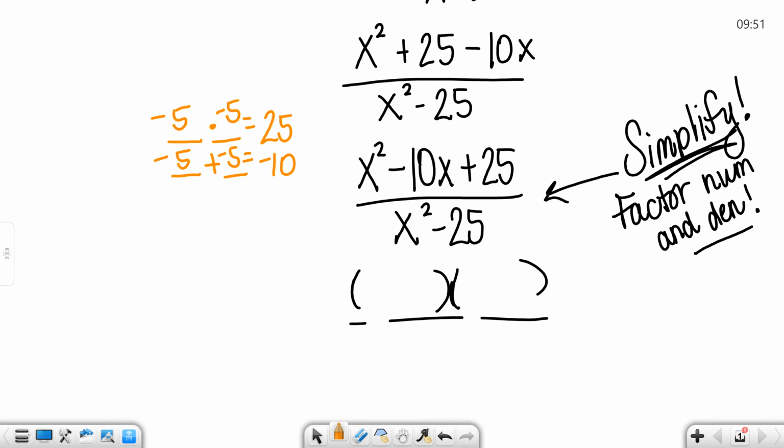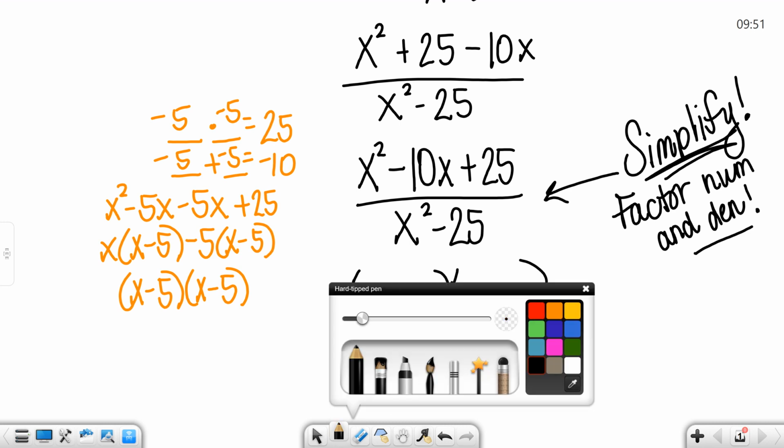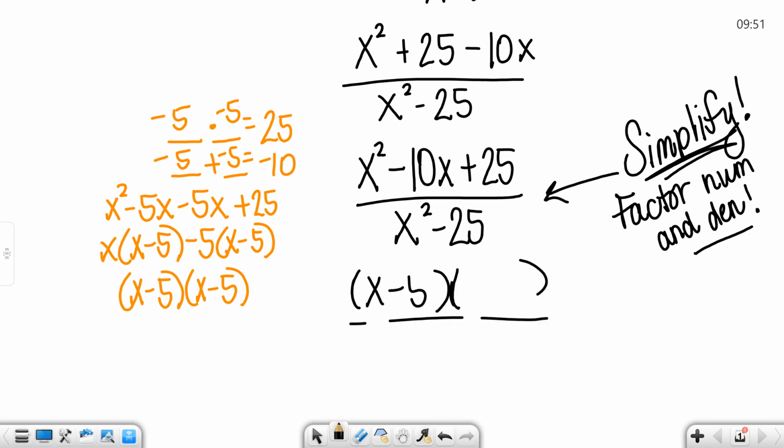If you like grouping, then do your grouping over to the side. So I'm finished factoring the numerator. I get x minus 5 and x minus 5.